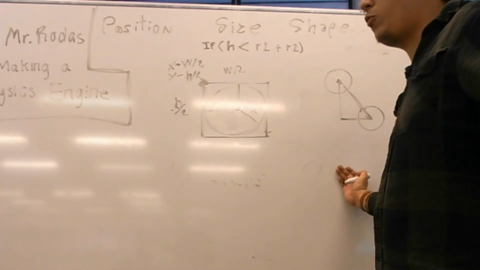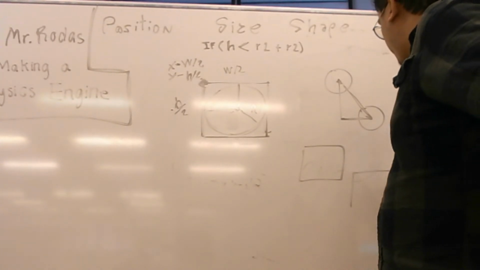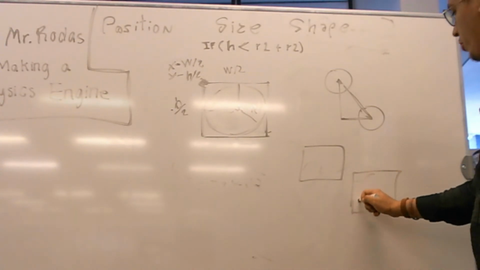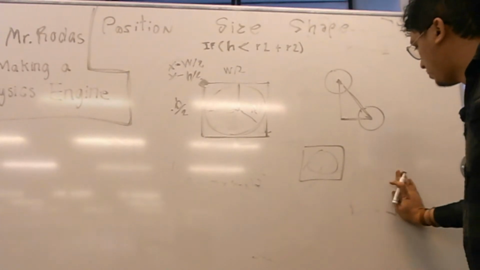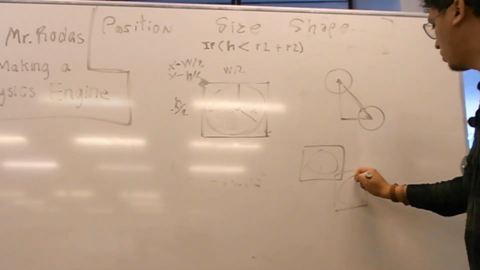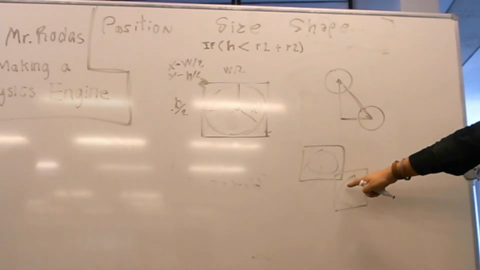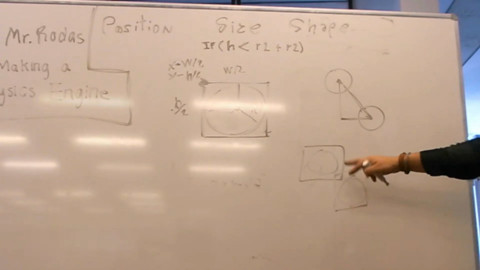But now think of a square. Squares are different because, if we were circles here, look, at this point they're not touching, right? Using the same logic, if they're squares, they're not touching at this point, even though they are touching.